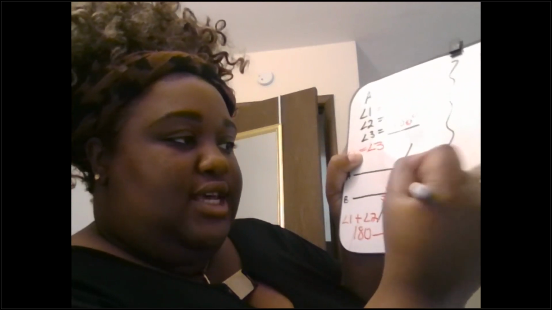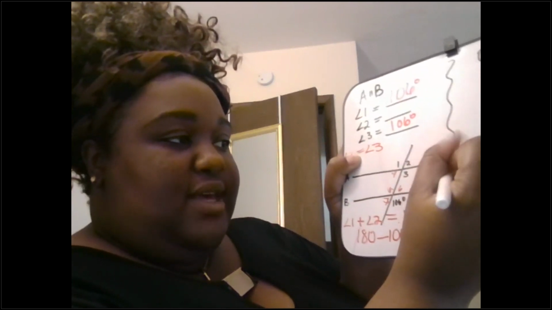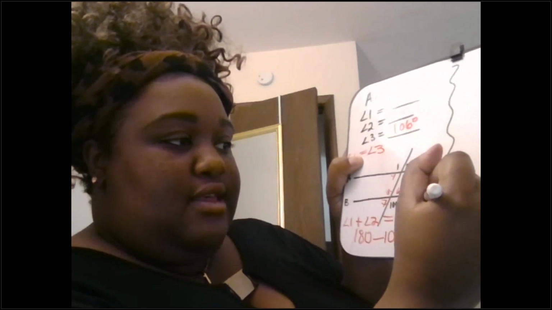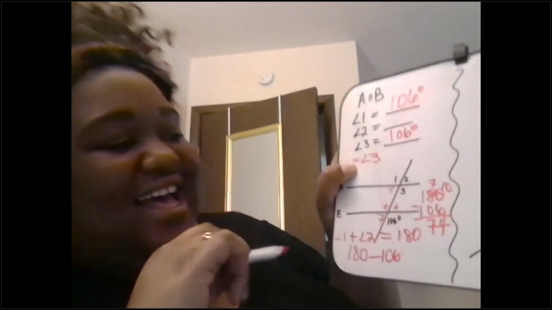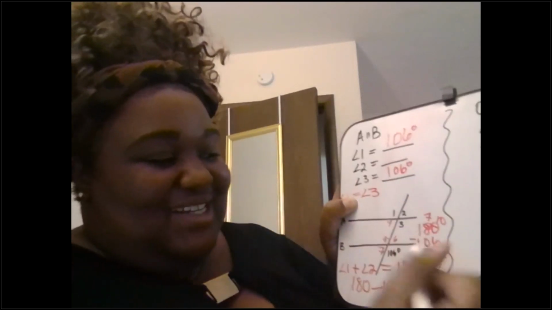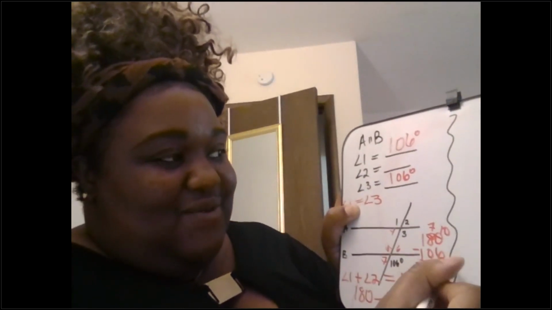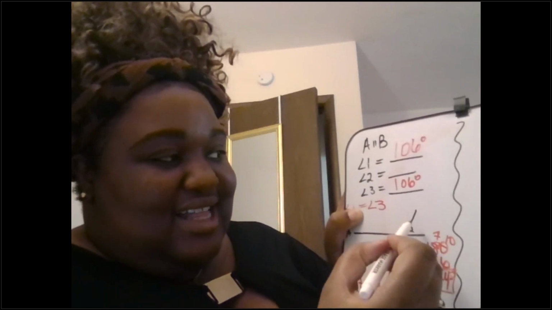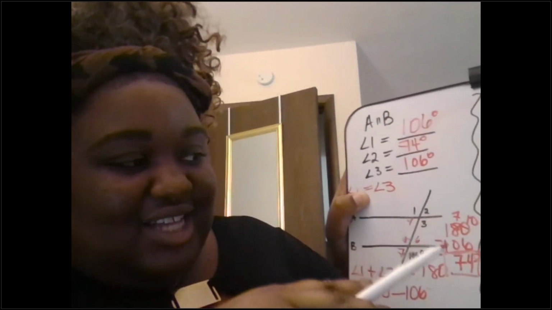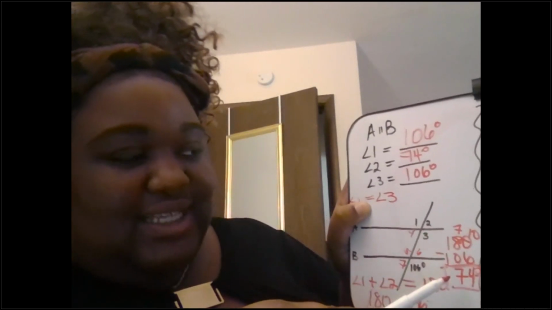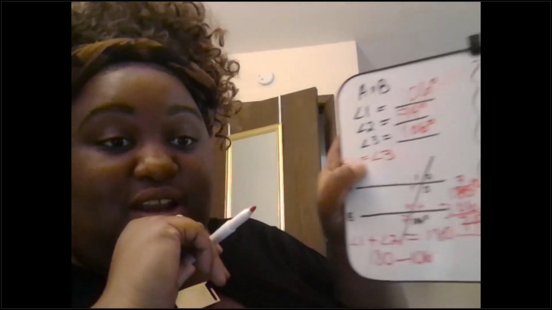That gives me 74 degrees. So that lets me know angle 2 is 74 degrees. And a way to check that is that you would do 106 plus 74, and it should give you 180.